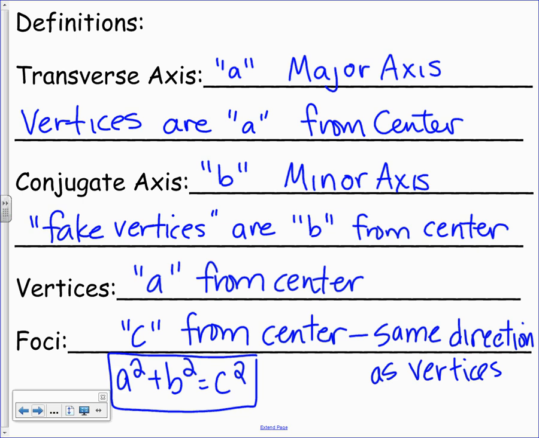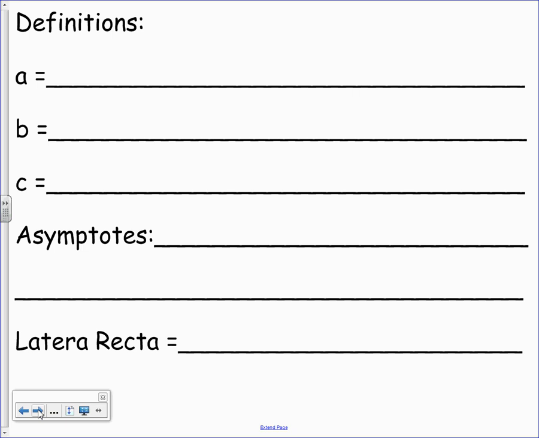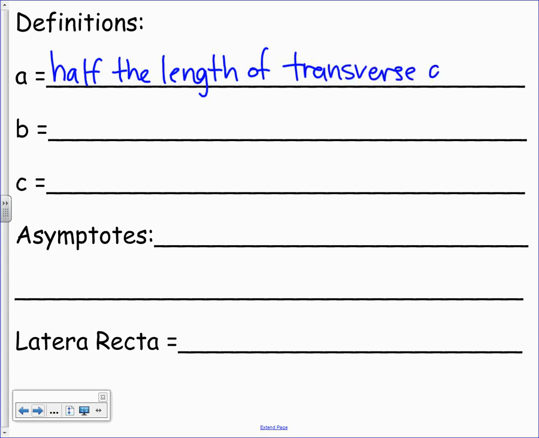What's A? It's half the length of the transverse axis. Again, it's the distance from the vertex to the center, or the center to the vertex.